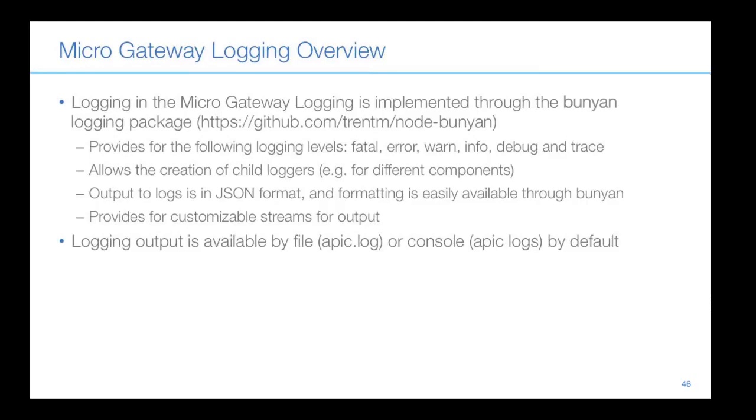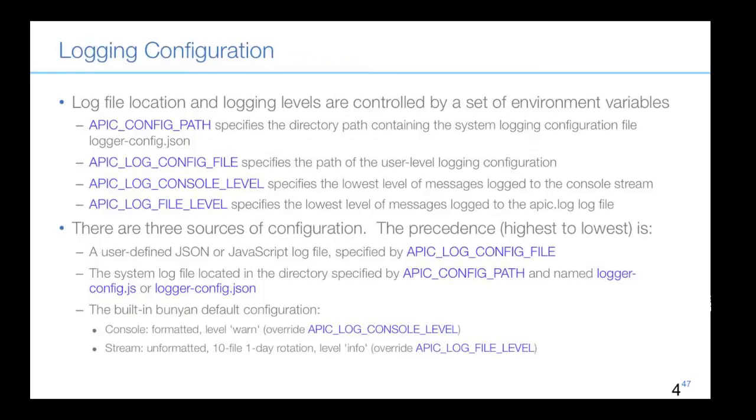Bunyan also provides customizable streams for output, different files or standard out, whatever. By default, logging is available in the APIC.log file, and I'll tell you in a minute where that is. Or there's a CLI command, apic logs, which prints the output to the console. So next slide, please.